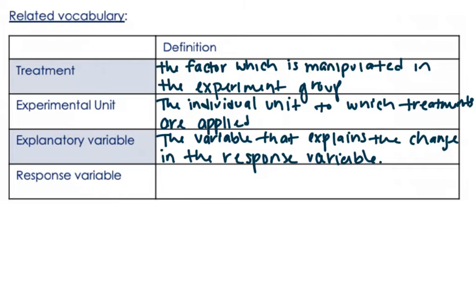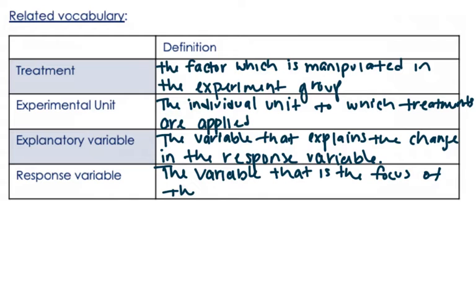Which brings us to our last vocabulary word, response variable. And that is the variable that is the focus of the experiment. Alright, so when we use these words, you need to understand what each of them are talking about.